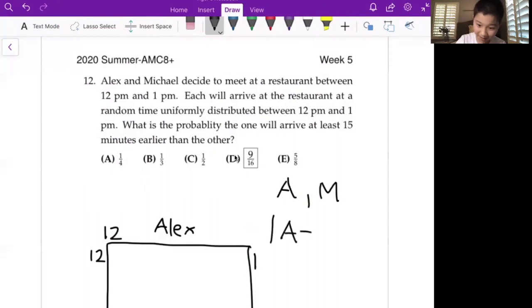Well, distance is the absolute value of A minus M. If you think about it, it should make sense. So A minus M is the distance, but it can be negative. What if Michael comes after Alex? It can be negative. So that's why we put an absolute value sign right there. And that's greater than or equal to 15.